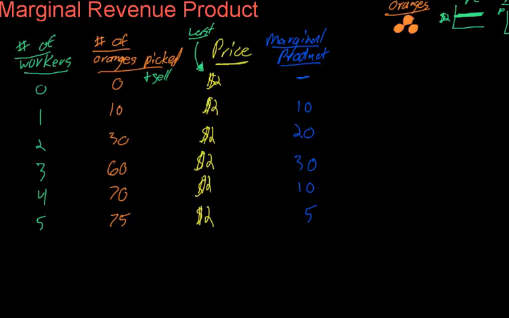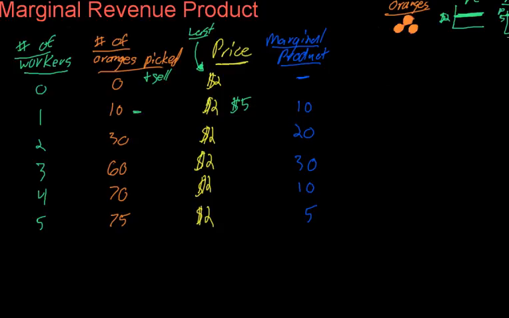And so with a downward sloping demand curve, what that says is if you want to sell 10 oranges right here, let's say that you can charge a price of $5. So we're going to put a price of $5 here.